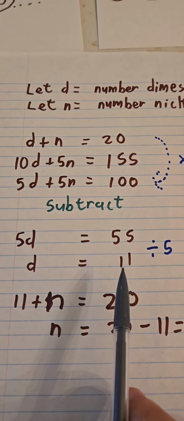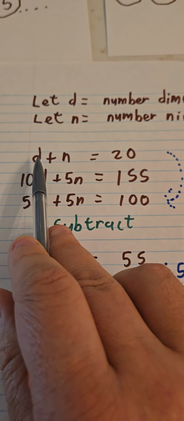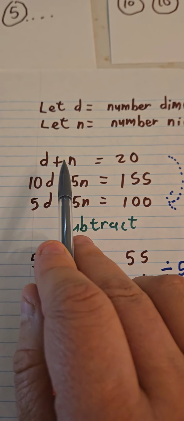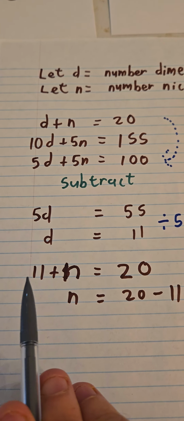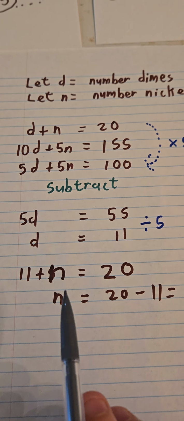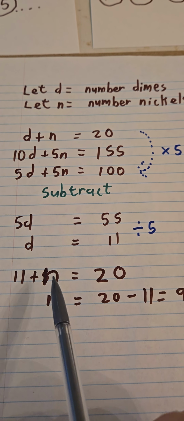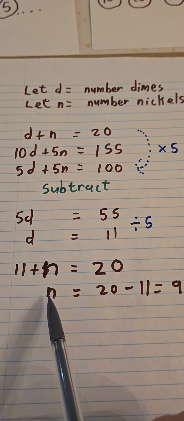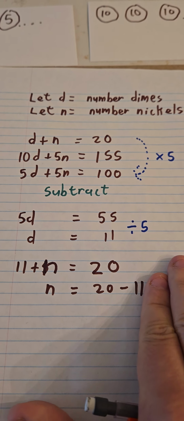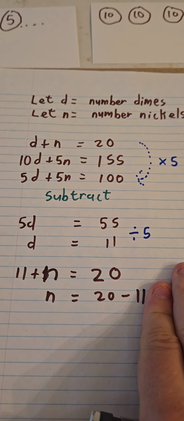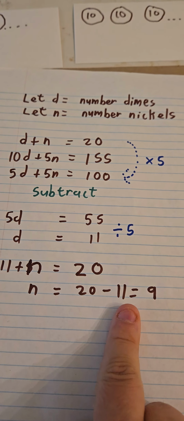Once we know D is 11, I can substitute it in. Instead of saying D plus N is 20, I say 11 plus N is 20. If the left is reduced by 11, the right is reduced by 11, it will still be equal. So N equals 20 minus 11, which equals 9.